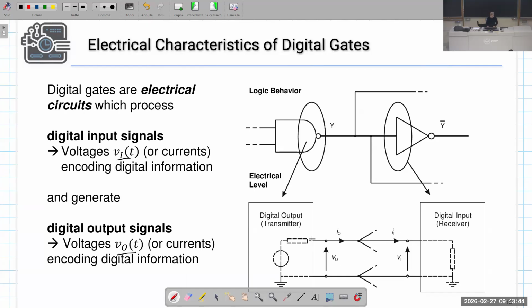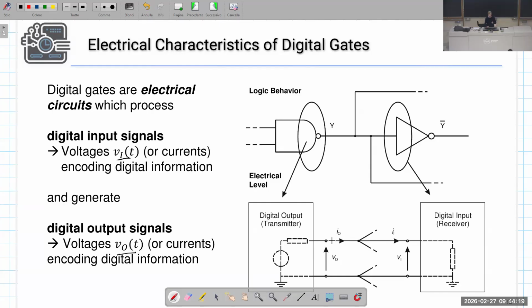Okay, so at the physical level, the exchange of information happens through electrical signals and in particular voltages. The output is a voltage source that forces the voltage at an electrical node. The receiver is a load, an electrical load that is driven at a certain voltage by the output of another gate or by an external source.